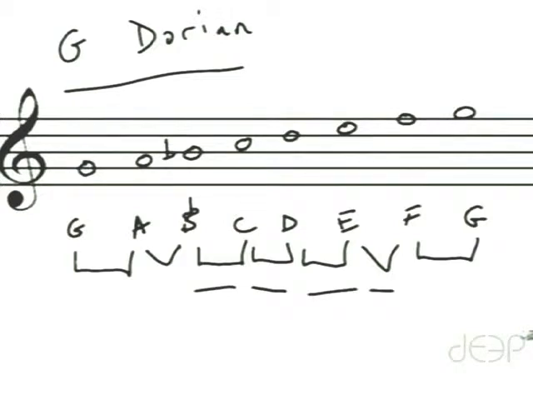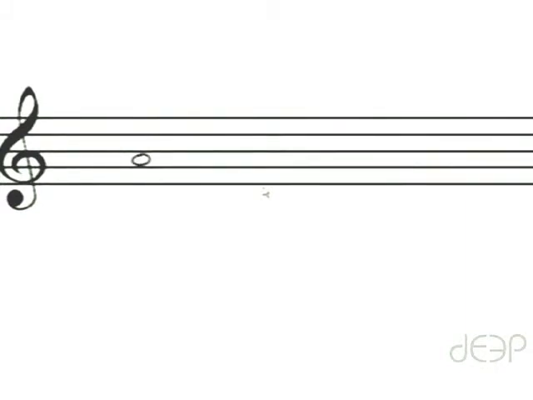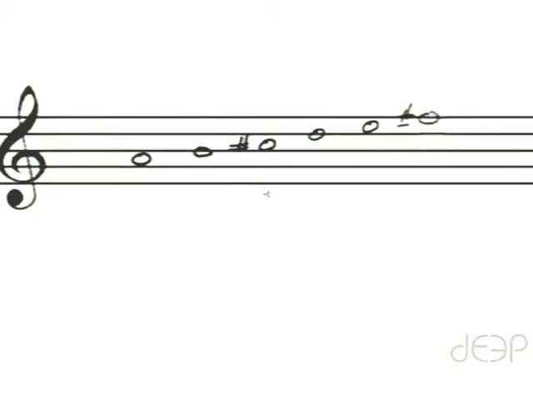So that's the first thing we could do. Or we might find ourselves in a different situation where we have something like, let's do this. I'll give you a scale. A, B, C sharp, D, E, F sharp, G, A. Okay?